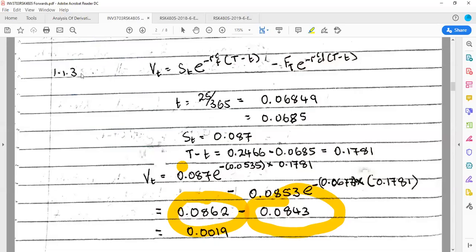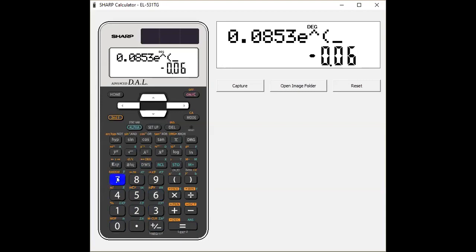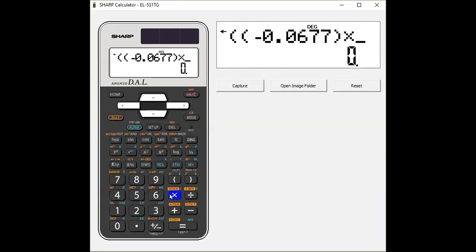To get the second part, I said 0.0853, second function exponential, open bracket, minus 0.0677 multiplied by 0.1781, close bracket.